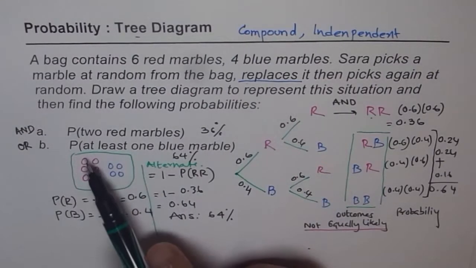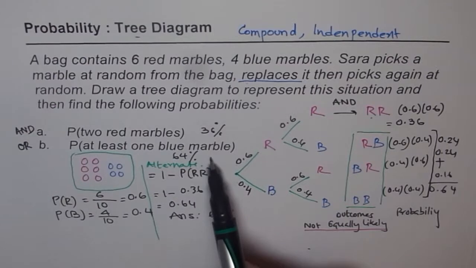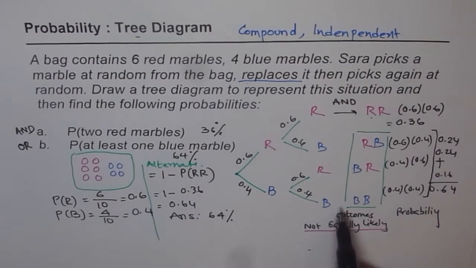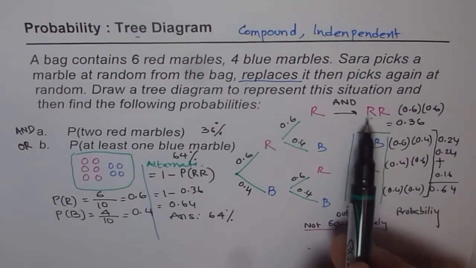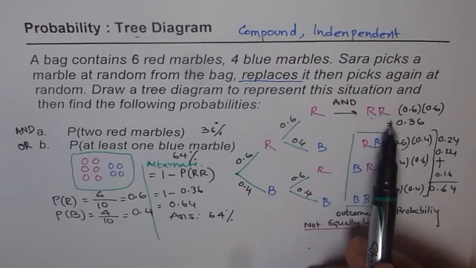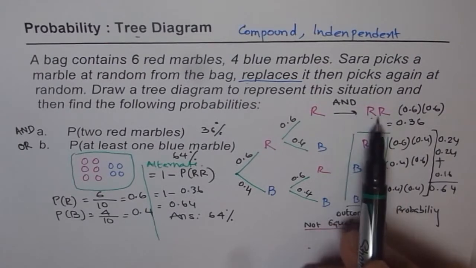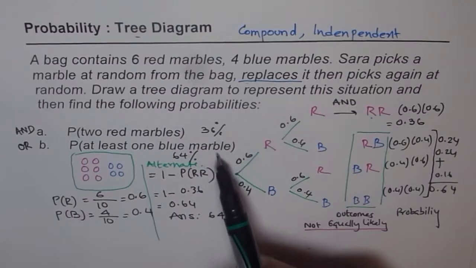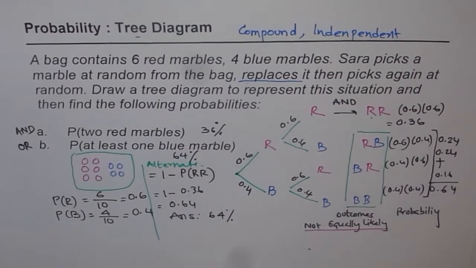And when we are talking about at least one blue, we found that there is a shortcut method. At least one blue means all cases except for those in which there are no blues, right? There is only one case where there is no blue, 2 reds. So 1 minus 2 reds gives us the answer for part B. That helps us give a quick answer by doing just one calculation, right? That is probably the best thing you've learned here.